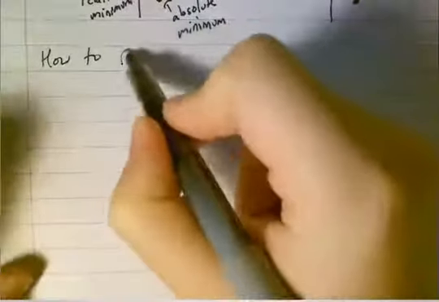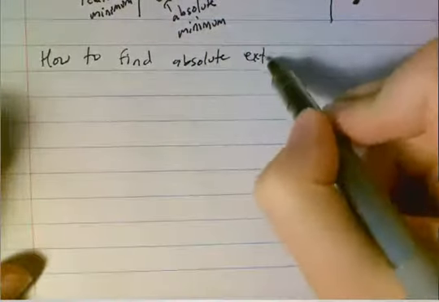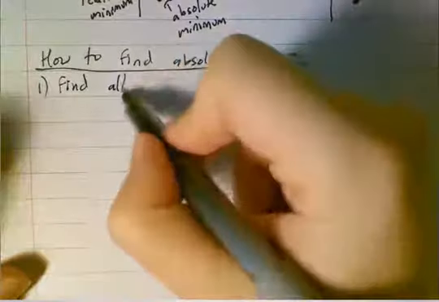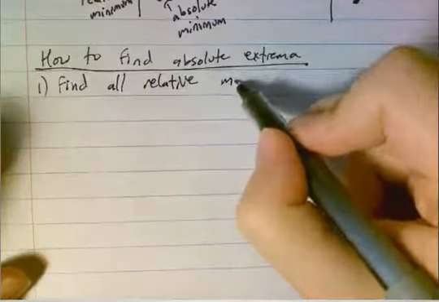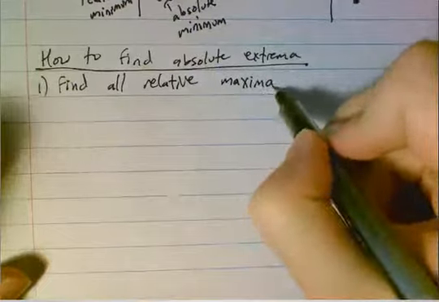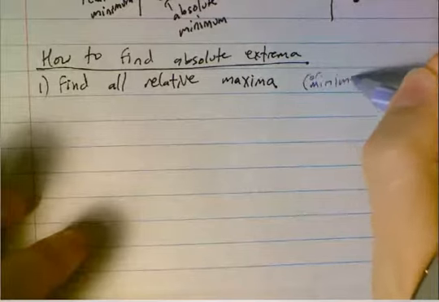So let's look at how to find absolute extrema. First thing you're going to do is find all relative maximum. And I'll do the instructions for minimum in purple. Whichever one you're looking for.